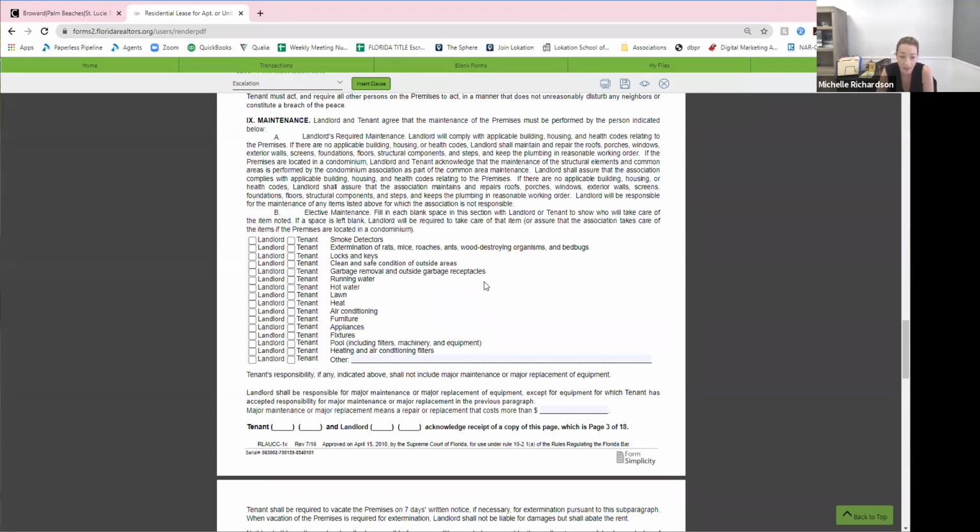They added that in there, and anything where it says other, if you want to add anything else that's particular to that place. So you could just click landlord or tenant, whatever you guys are negotiating in regards to.